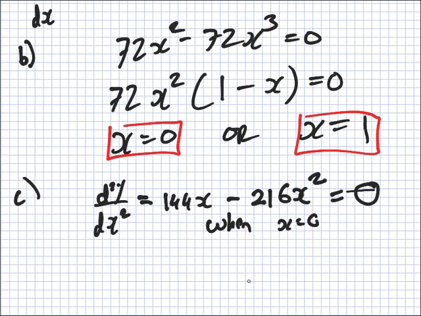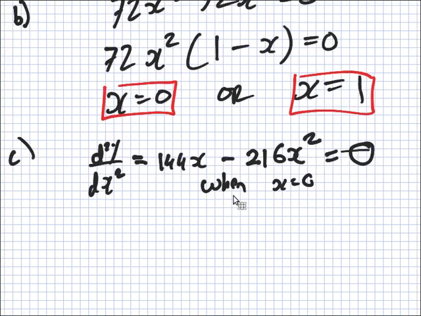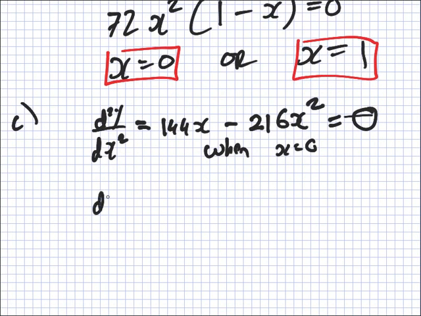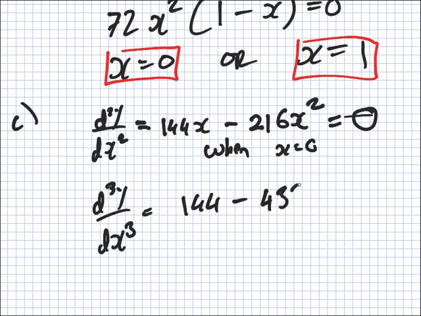Anyways, what does it say to do if you follow the flowchart? The first derivative is 0 and the second derivative is 0. What do I need to do next? Differentiate again. And I get 144 minus 432x. Now, if I put x equal to 0 here, what do I get? Positive, negative, or 0? Positive.